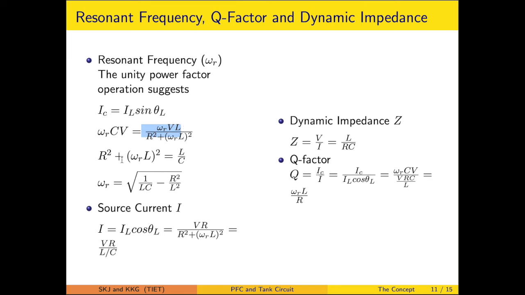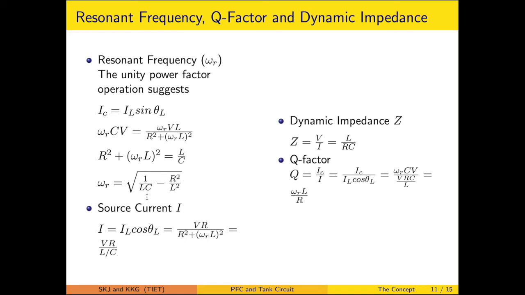Both are equated, and that is resulting into the ωR. So ωR is equal to the square root of 1 upon LC minus R square upon L square. Now if suppose the resistance value is small, R will be approaching 0, and the ωR is reducing to the level of root 1 upon LC.